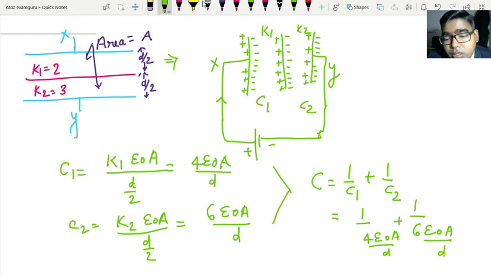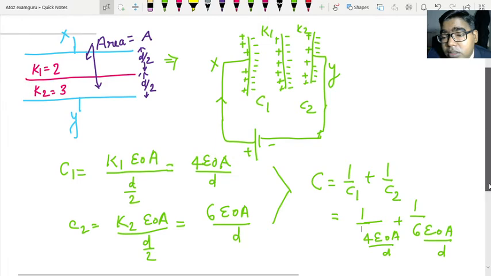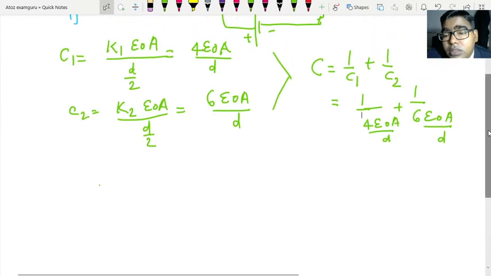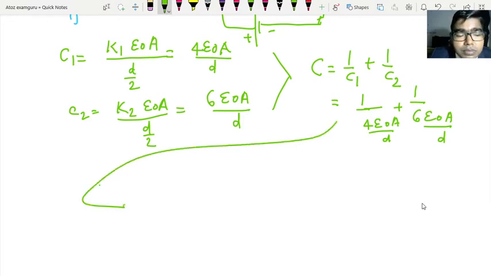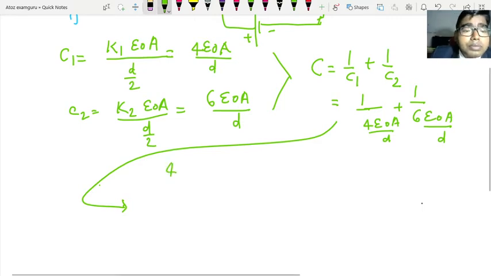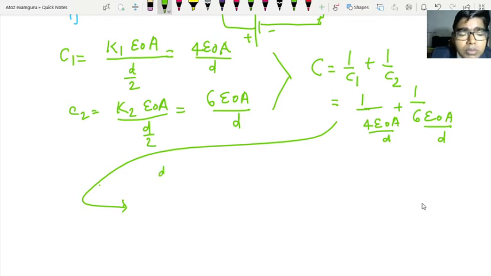This is also A. So this will become like this. If you solve this, it is d upon 4 epsilon naught A plus d upon 6 epsilon naught A.